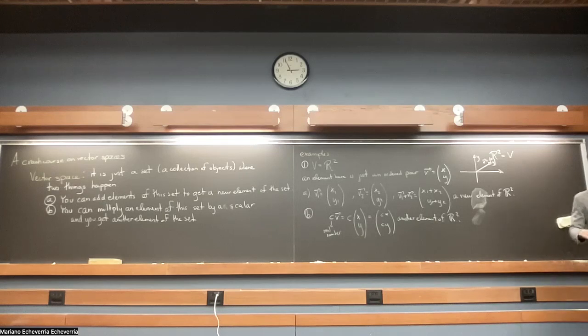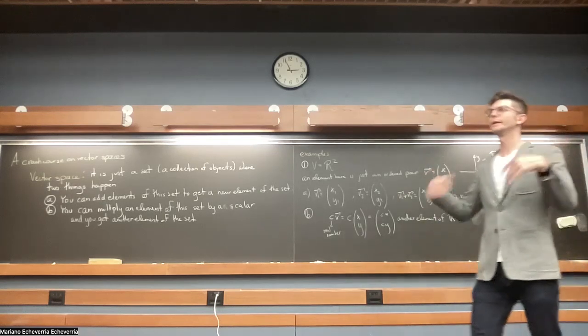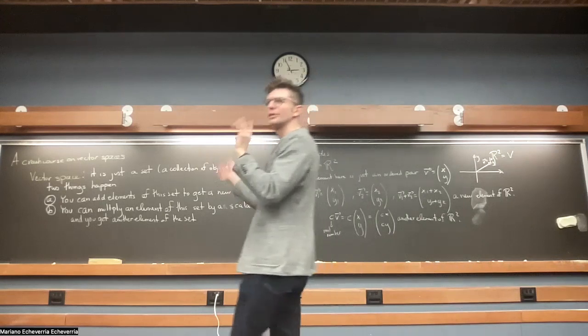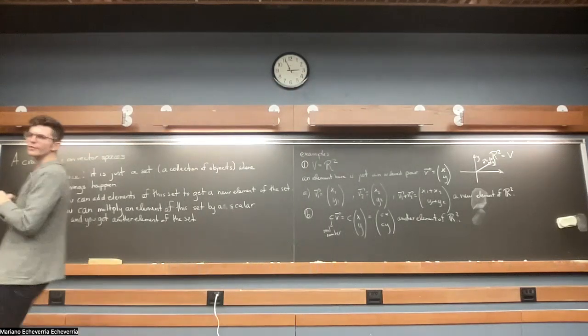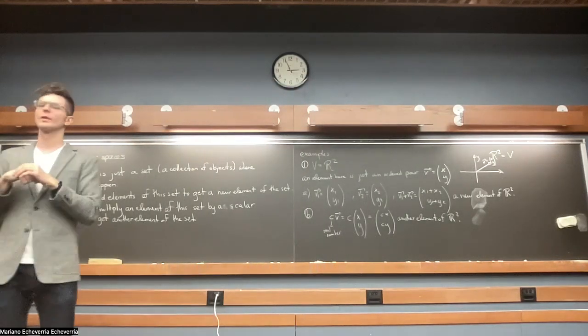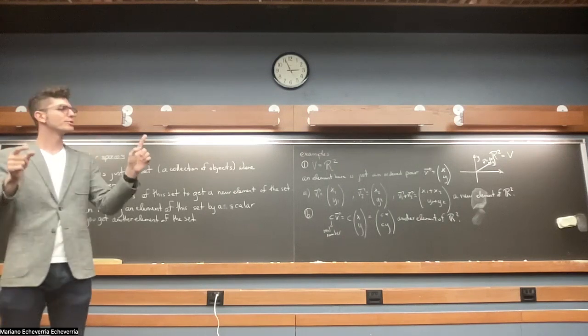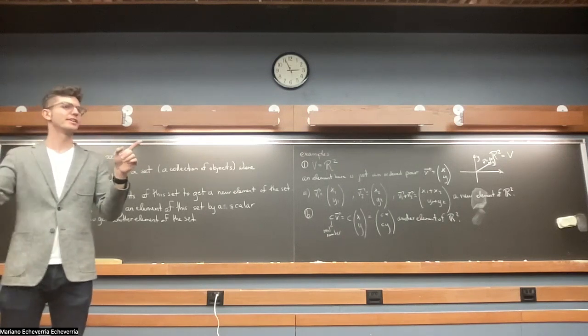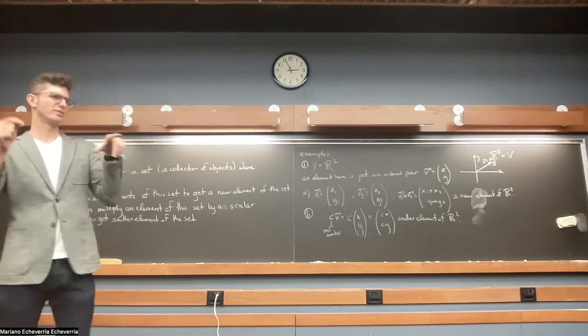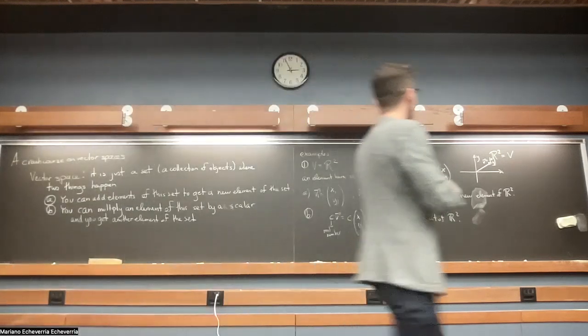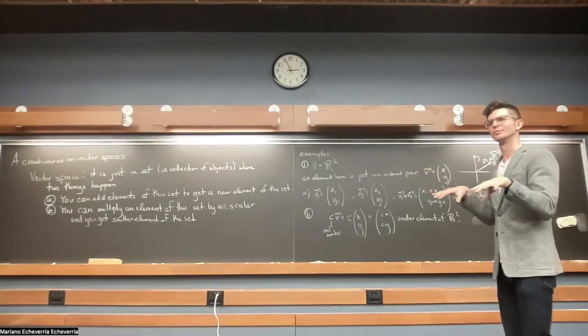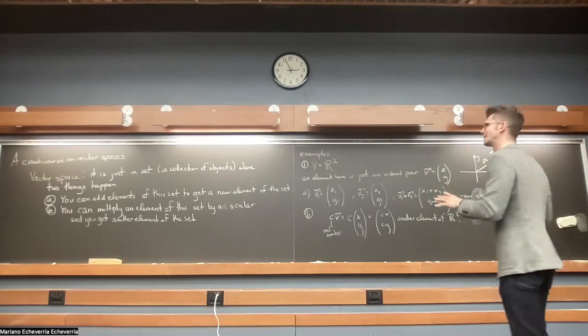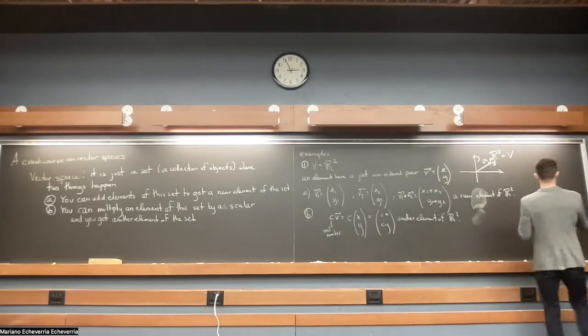The new element is already inside here. Right, it has to exist already in this collection, right? So in fact, it's always useful to do an example and then a non-example, to see what's the difference. So let's do a non-example so that you get a sense of what's going on here.